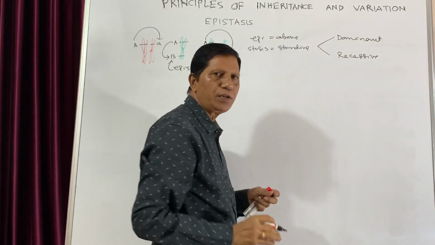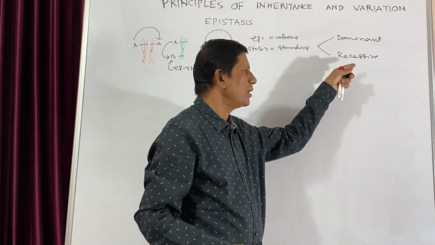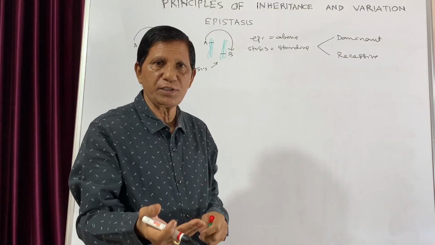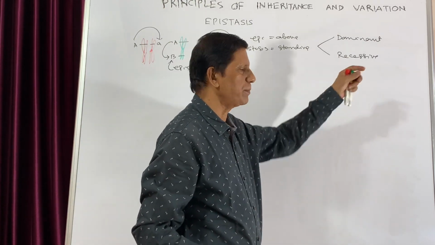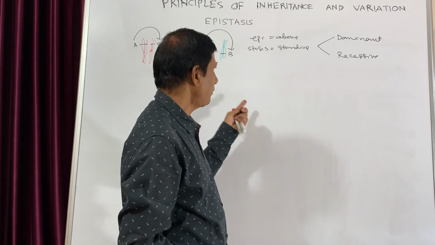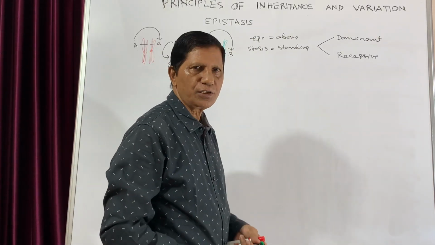When the dominant gene suppresses the expression of another gene, that is dominant epistasis. But when the double recessive genes suppress the expression of other dominant genes, that is known as recessive epistasis. And this epistasis was first studied by Bateson. Let us discuss one by one.